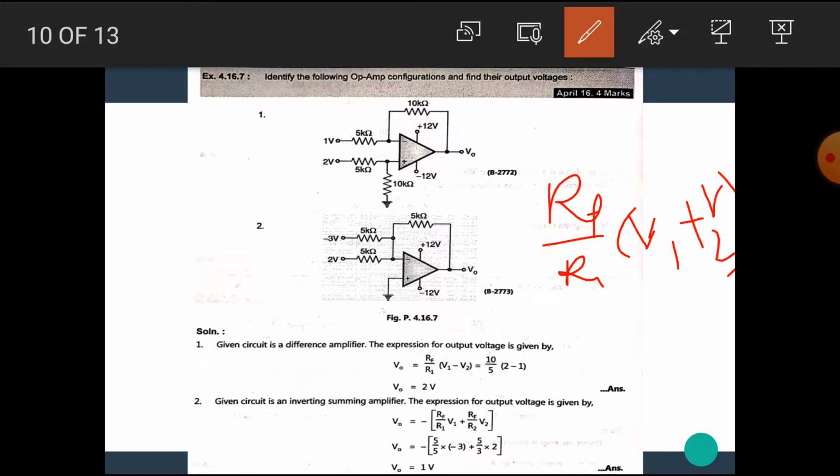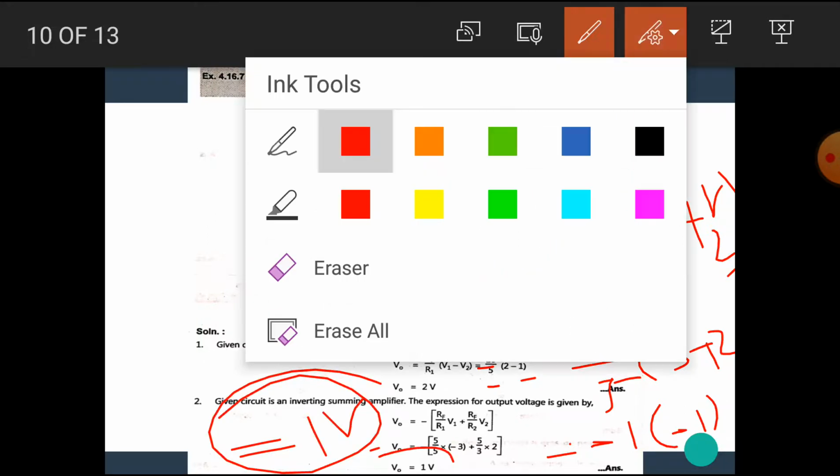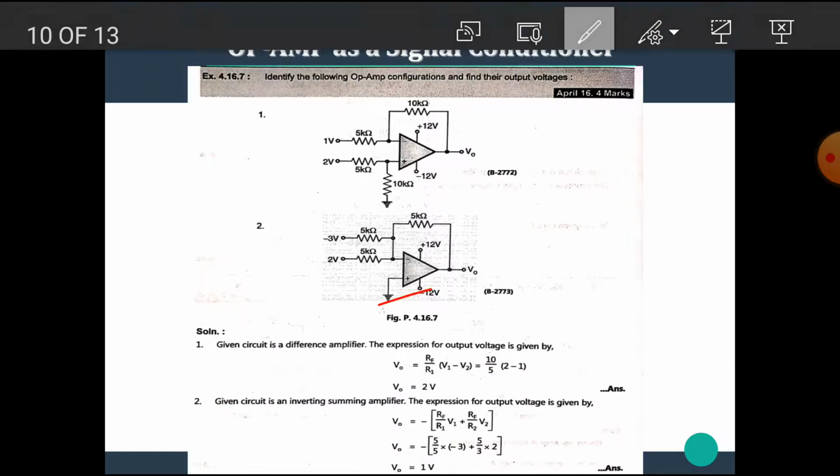Here, Rf has the value 5, R1 has the value 5, and here minus sign. V1 has the value minus 3, V2 has the value 2, hence we get minus 1 into minus 1, that is 1 volt. This is the output for this configuration.